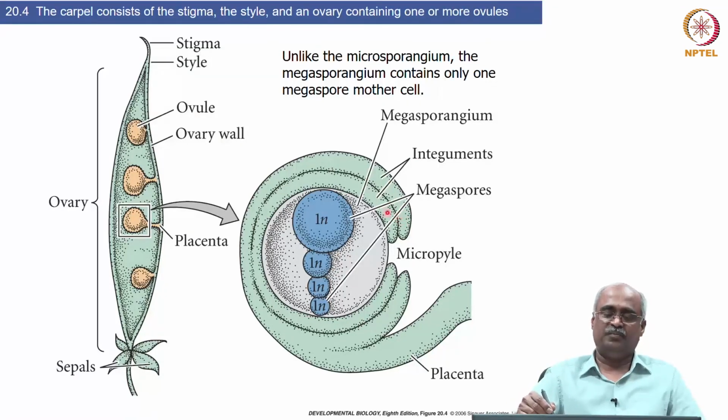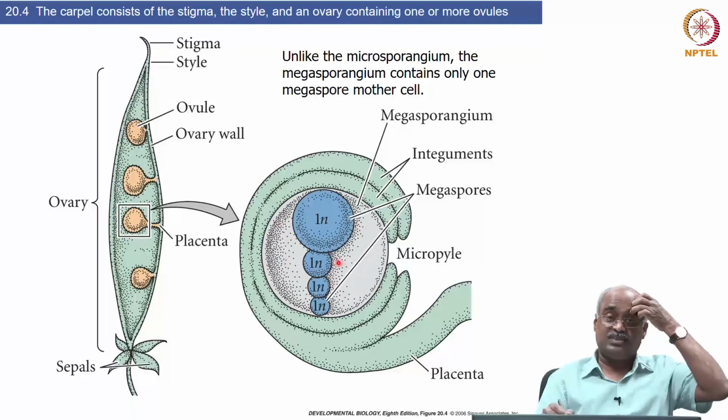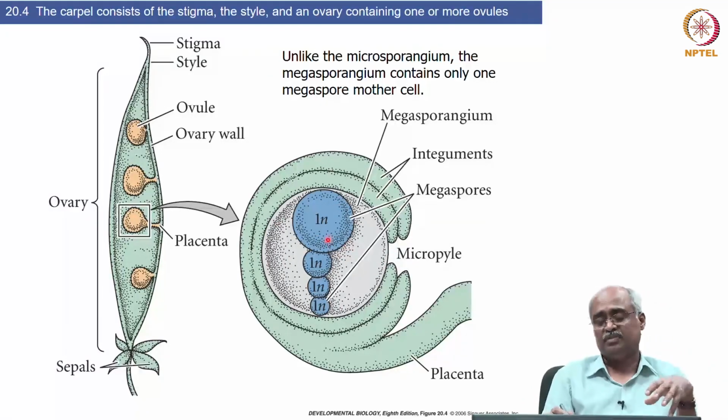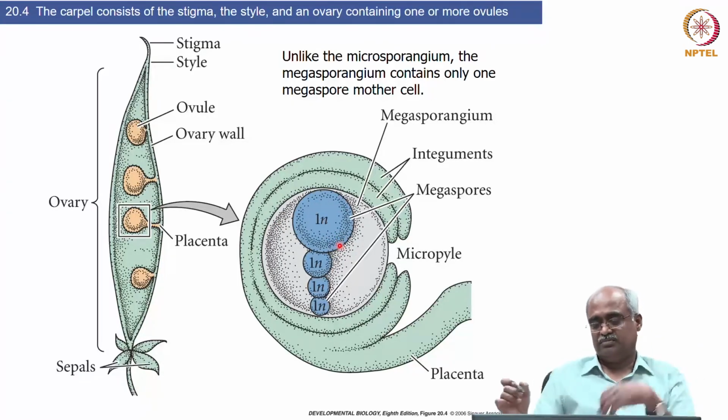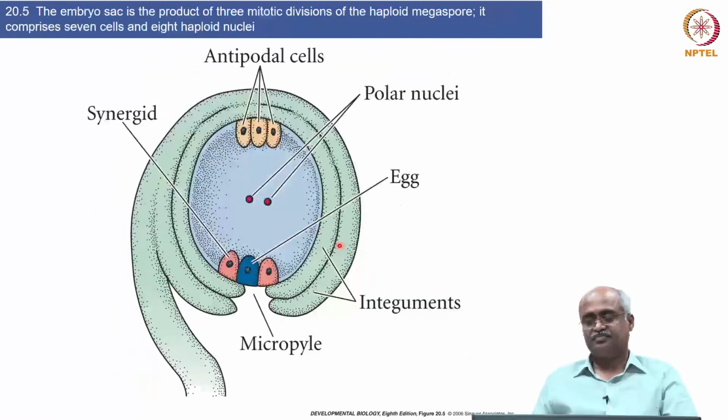Later when this is fertilized and becomes a seed, this is going to form the seed cover, okay. The micropyle is the opening that helps in fertilization. Once it has undergone the 3 mitotic divisions, we call this whole structure the embryo sac. That is shown in the next slide.